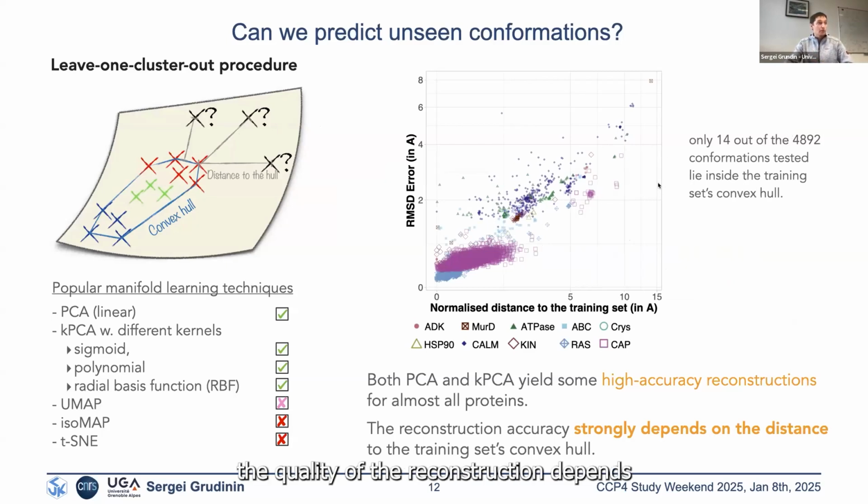And secondly, the quality of the reconstruction is proportional to the distance to the training set. If we're close enough, the reconstruction is of a very high quality. Very often we're below 2 angstroms RMSD of the reconstruction. But if we go further from the training set, the reconstruction quality drops. So the quality only depends on the distance to the training set.